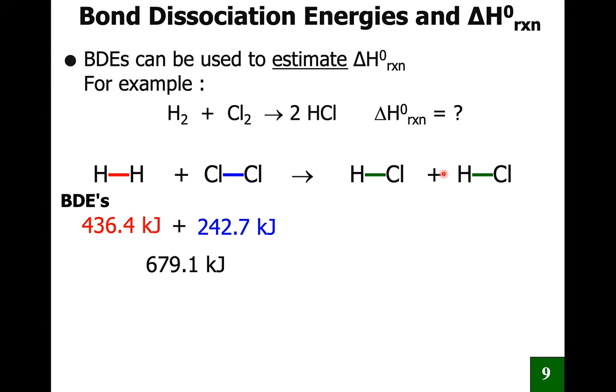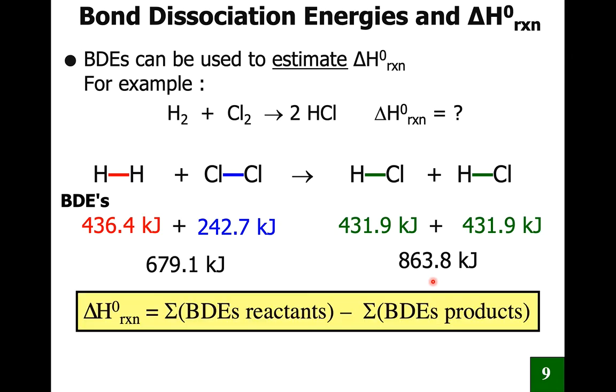So there's the total energy that we have to put in. This is the cost and the cost benefit. We get out 431.9, and these are identical, so 431.9 for both. So it costs 679.1. The benefit is 863.8.